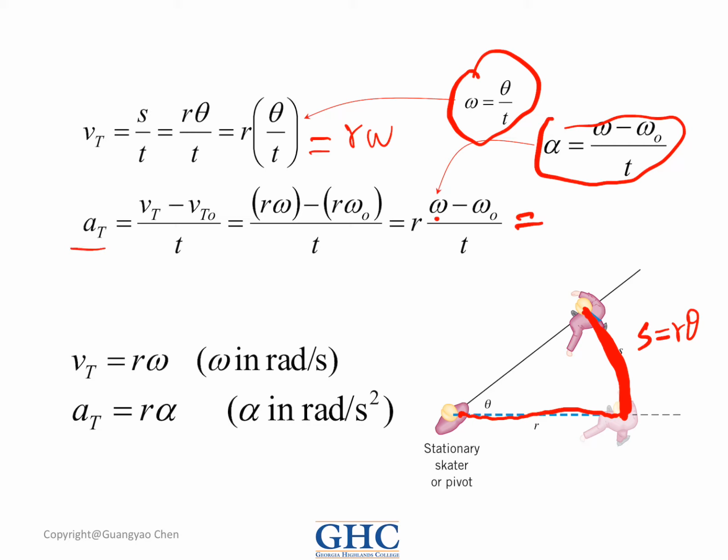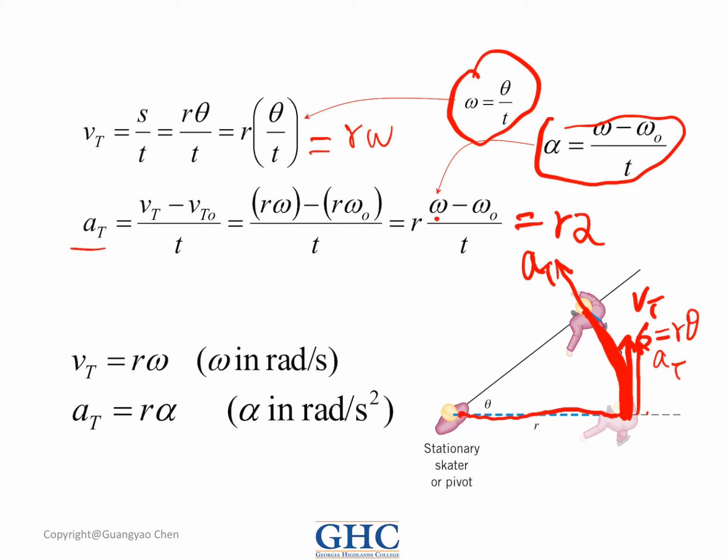We call this one tangential acceleration, r alpha. Tangential acceleration means the acceleration is tangent to the direction of motion. Tangential velocity is always tangent to the circle, and a_t is in the same direction as v_t.